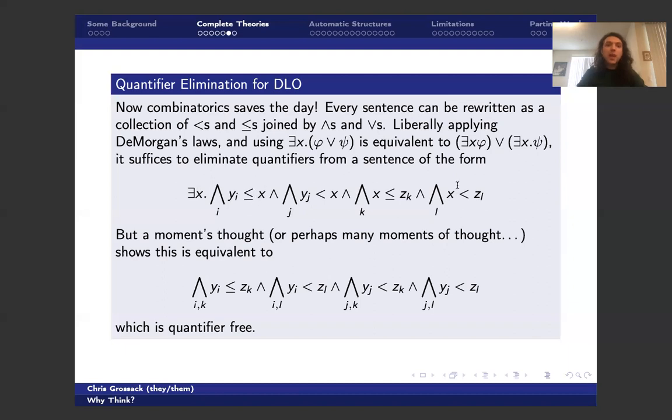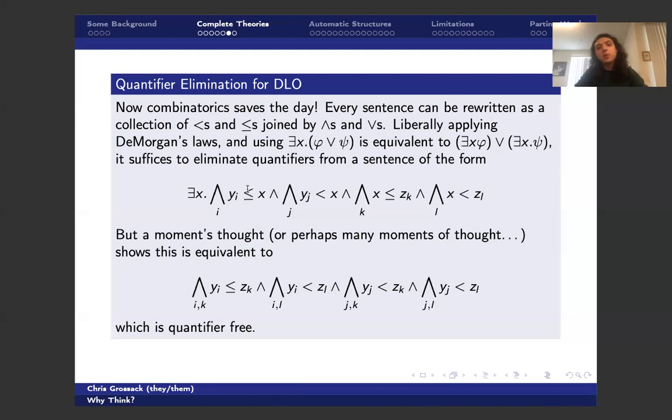we can just compare everything to x, and by the denseness assumption on dense linear order, if I know that this condition is true, then I'm guaranteed to be able to find an element which is living inside all of them, or living between all of them. So you can check that all I've done here is, when do I know there's something between all the y_i and all the z_l's?